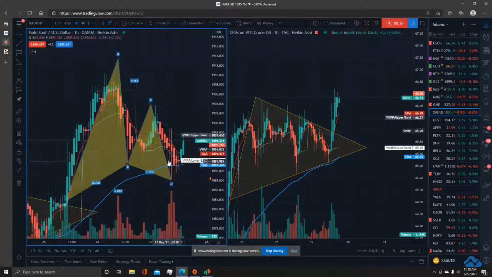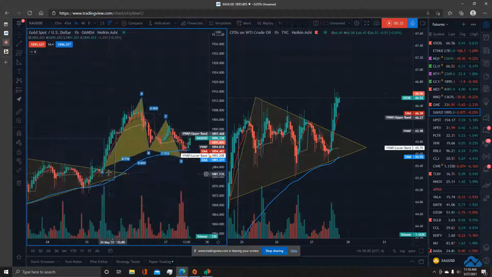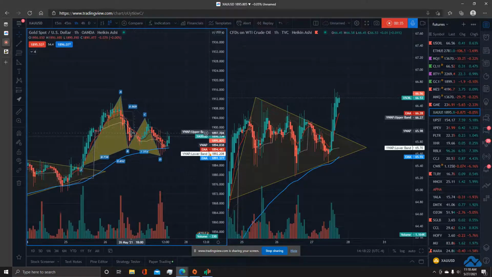So again, we have a breakout from this triangular pattern. It puts in a nice XA wave, pulls back to 618, pops up to 382 of AB, and we have a 786 touch at the D leg.